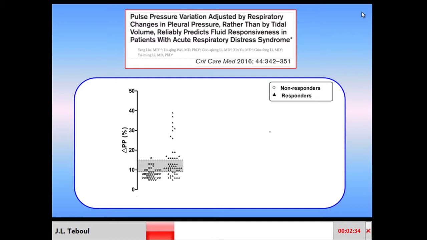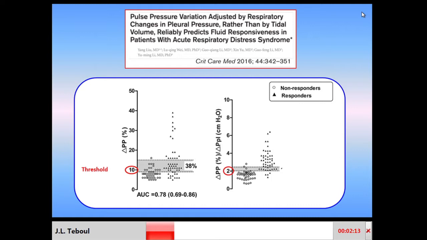They looked at PPV, delta PP here, and they found that the threshold value was 10%, but the area under the ROC curve was only 0.78, with a very big gray zone. Gray zone is the overlap between responders and non-responders.